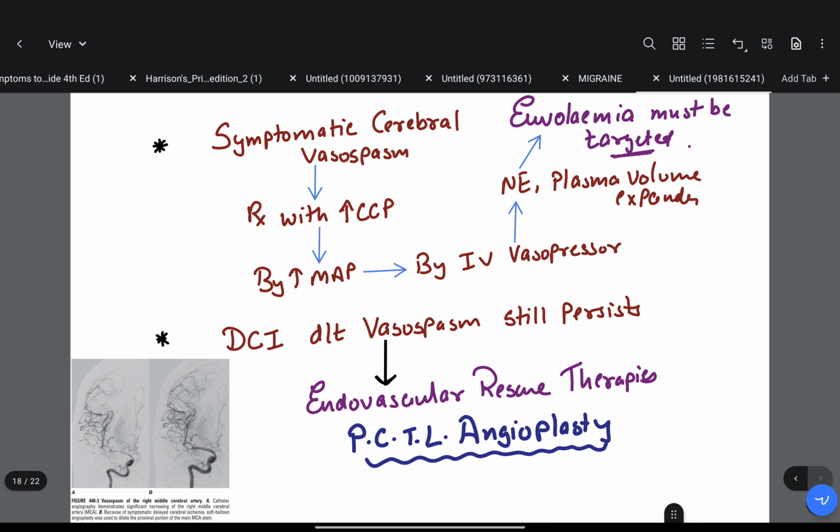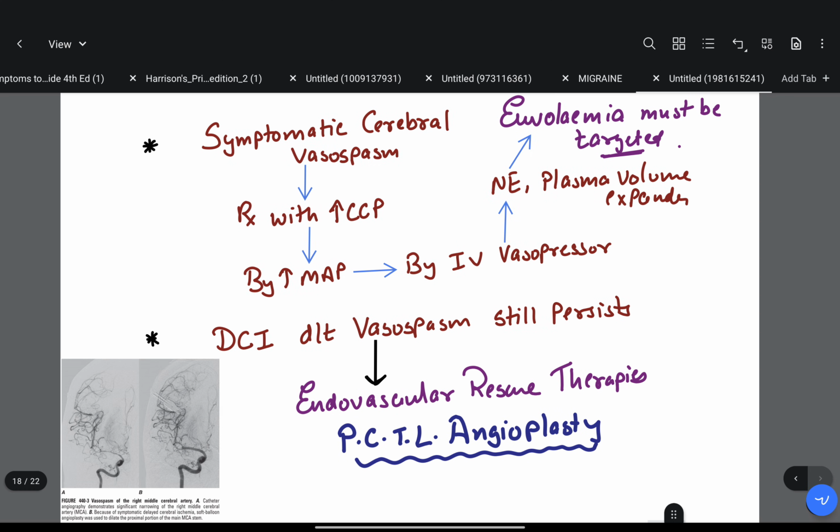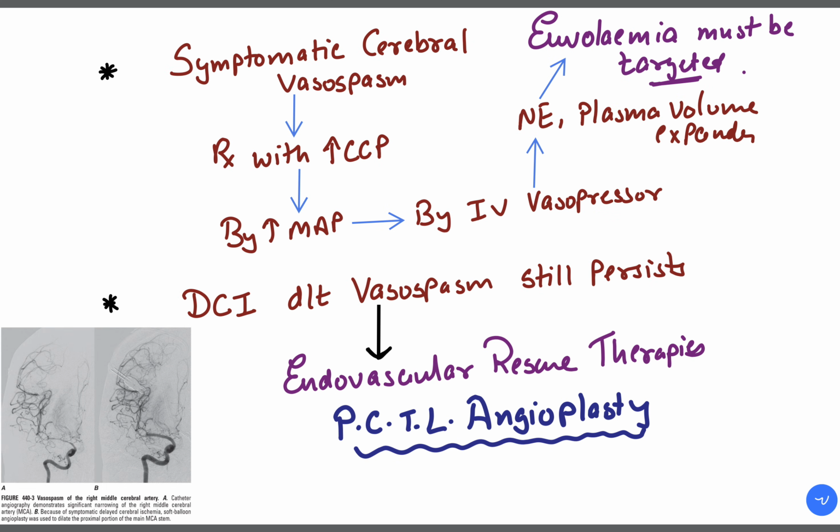So the cycle goes like this: symptomatic cerebral vasospasm is treated by increasing the cerebral perfusion pressure. How are we going to increase the cerebral perfusion pressure? By increasing the mean arterial pressure. How are we going to increase the mean arterial pressure?